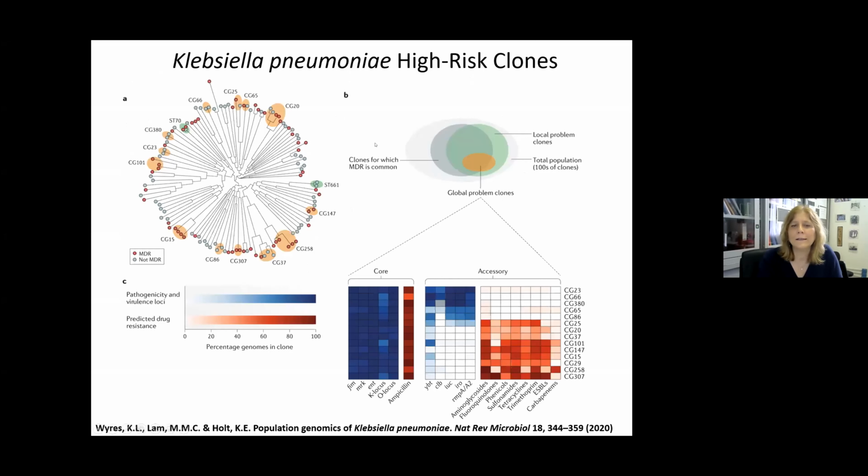This is an important point of reflection because the differences I just described can be seen also considering all the major clones that are circulating in the world. Klebsiella pneumoniae has been identified in two groups, also by genomics.